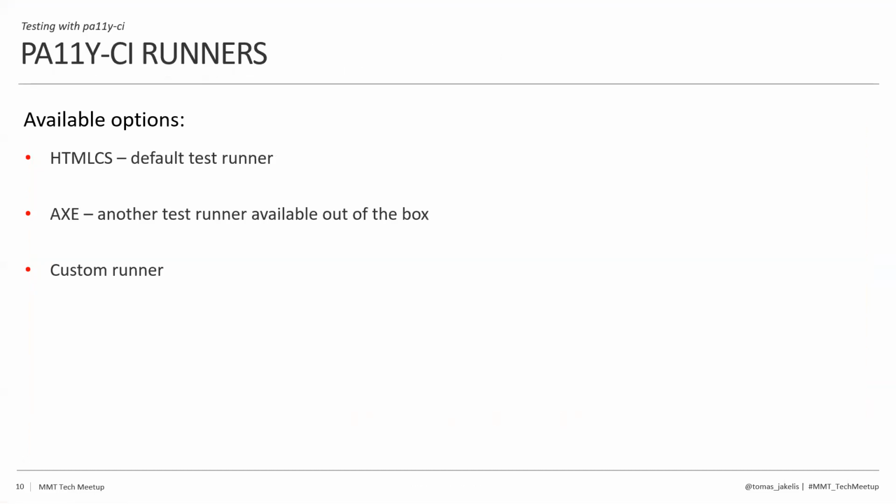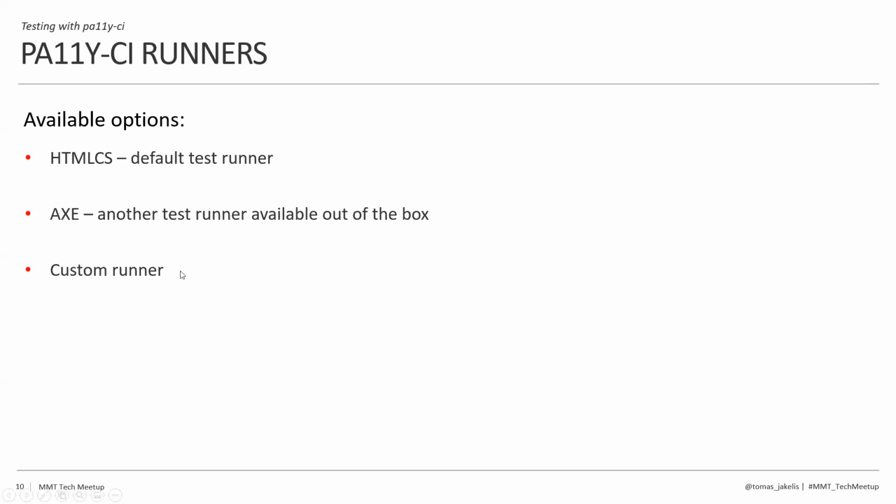So Pa11y runners. Out of the box we have 2 available runners. So HTML CS, which is the default test runner, and if you want your standard to be AAA, this is the runner which will be used. Axe is another test runner which is available out of the box, but you cannot use the AAA standard with Axe. So that's a downside.